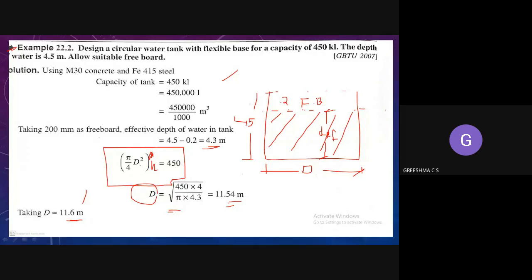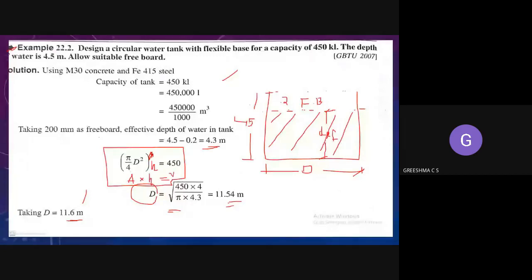Pi by 4 into d square means area. When you multiply that area by height, you get the volume. 450 is actually the volume; capacity indicates the volume. So please note that this is area into height, and area into height gives you the volume.